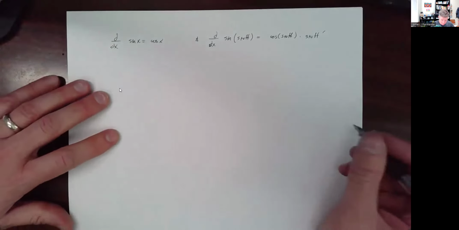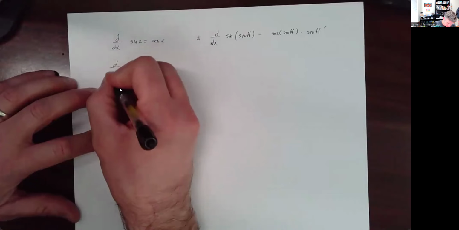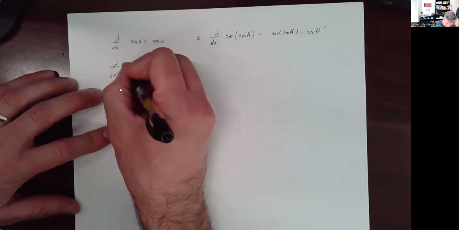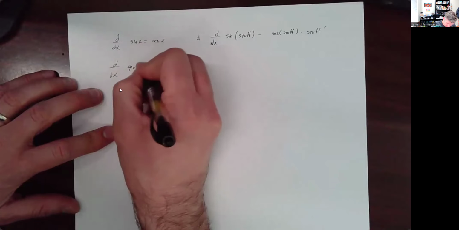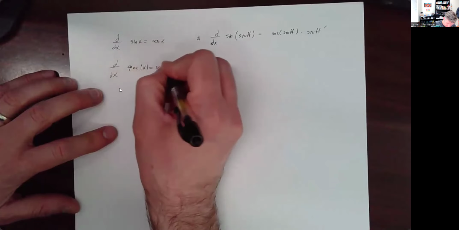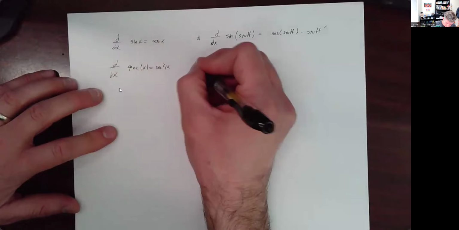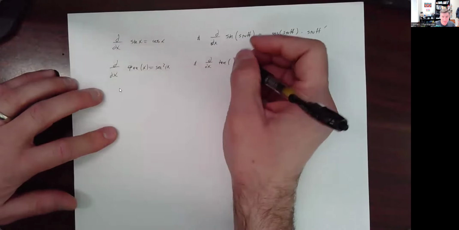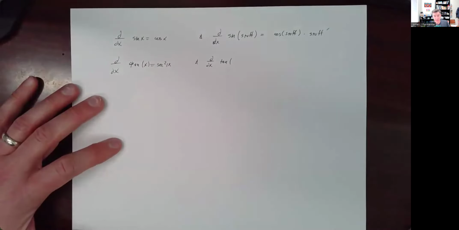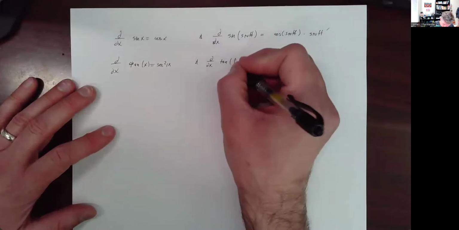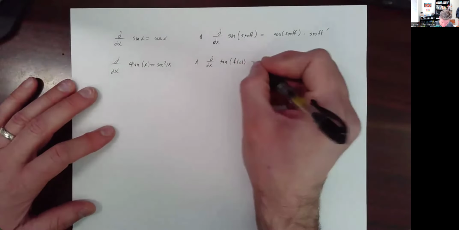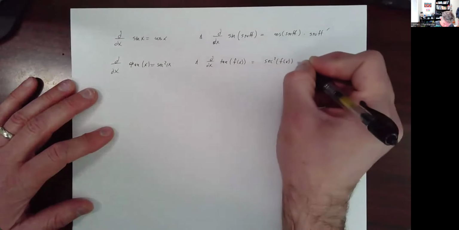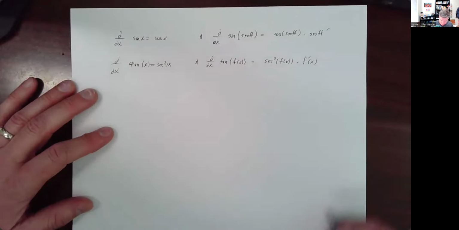Or let me give you two more. I'll do the non-co functions. The derivative of tangent of x is secant squared of x. And the derivative of tangent of some stuff, or you can say tangent of f of x if that is nice for you, is secant squared of your stuff times the derivative of your stuff.